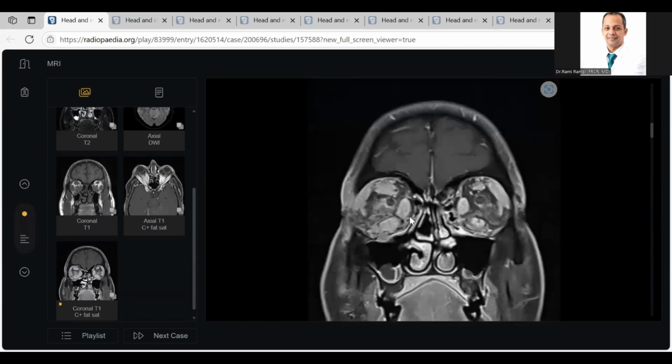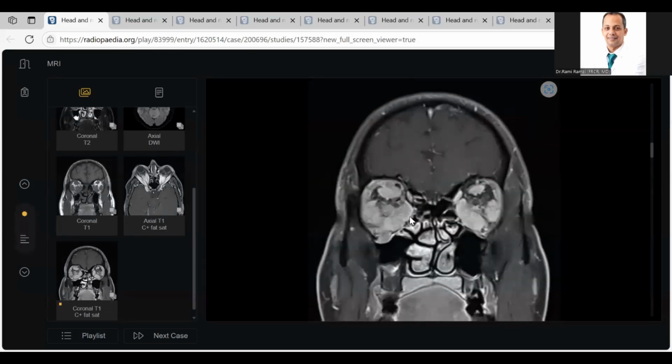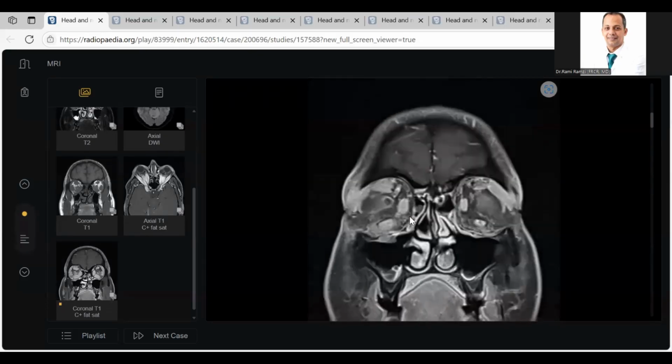My suspicion is on the line of some autoimmune disease or pseudotumor. Next I would advise thyroid tests, to see any history of autoimmune thyroiditis or autoimmune diseases. So this is my diagnosis, that it is most likely orbital pseudotumor.